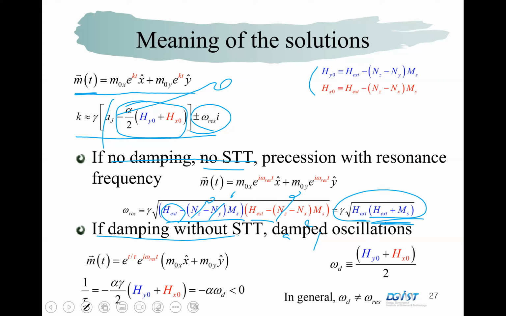If we have only damping without STT, we have a damped oscillation motion. And look at this. The MT can be described by this rotating precession term with exponential T over tau. Here the tau is this term with the minus sign.